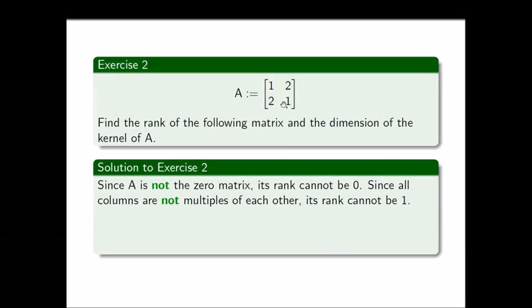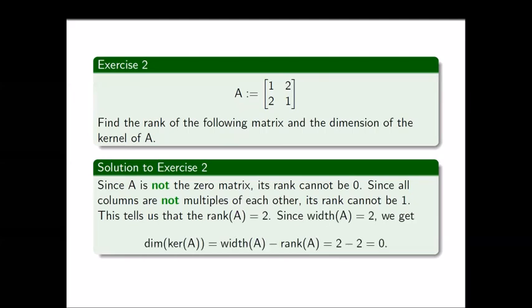Because 2, 1 is not a multiple of 1, 2, or vice versa. So the rank cannot be equal to 1. Now, because this is a 2 by 2 matrix, the rank can be at a maximum 2. And since it's not 0 or 1, it has to be 2.